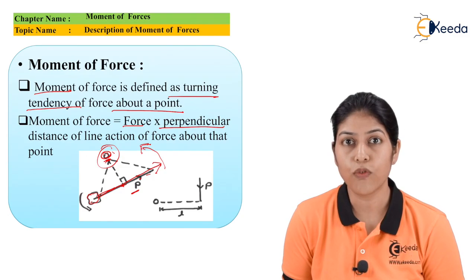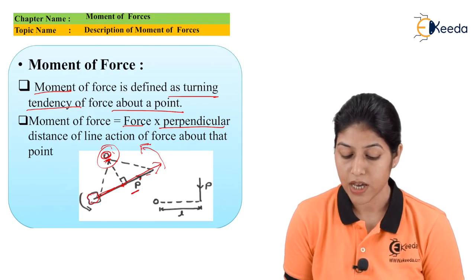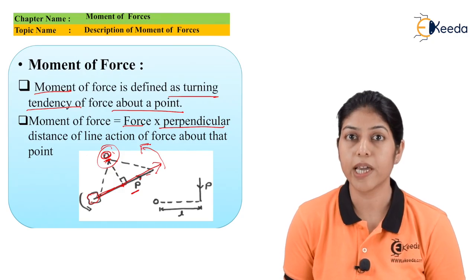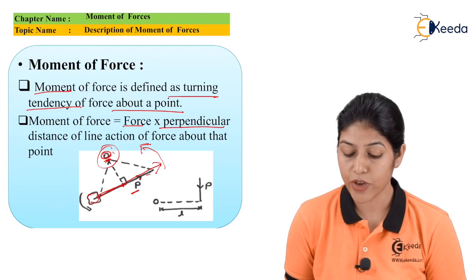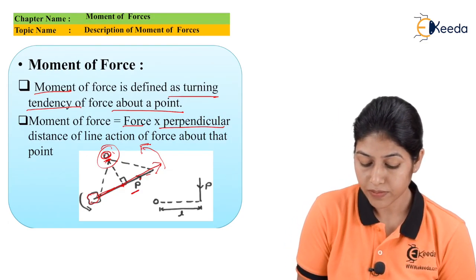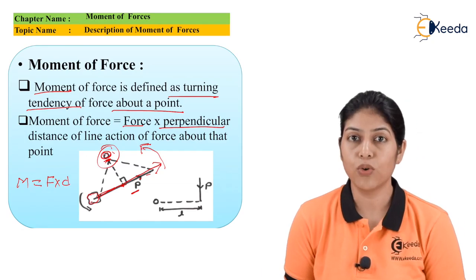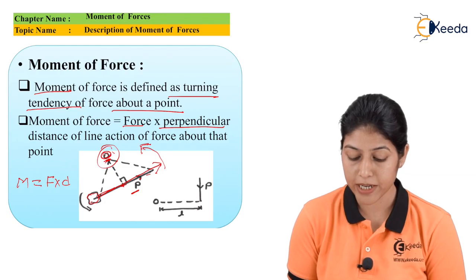So the product of force and the perpendicular distance of the line of action of this force about point O is called the moment of force. So we can write this equation as force into distance, or perpendicular distance.